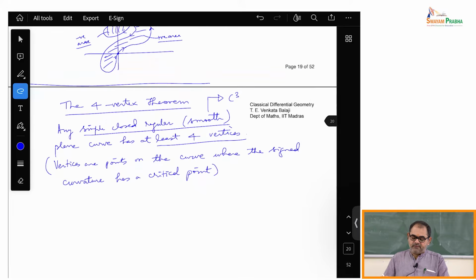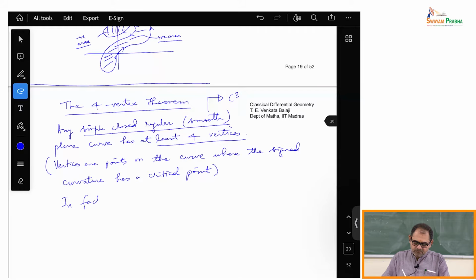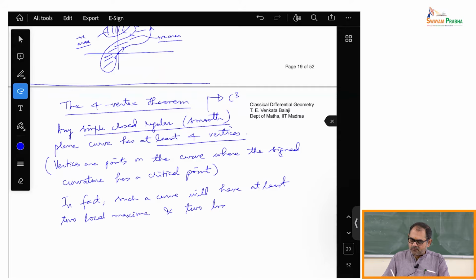In fact, the fact is that it will have at least 2 local maxima and 2 local minima. So I will write that such a curve will have at least 2 local maxima and 2 local minima.